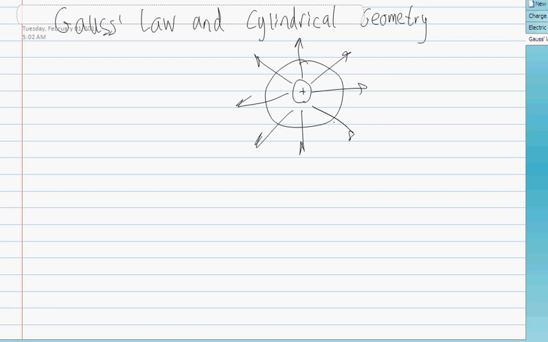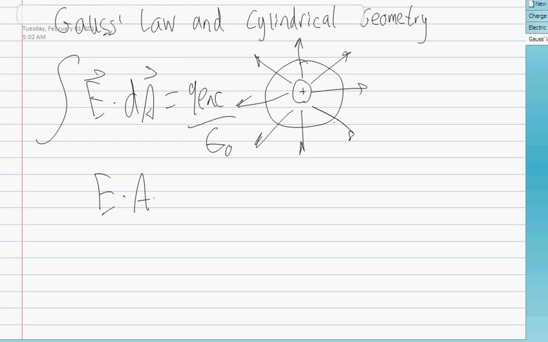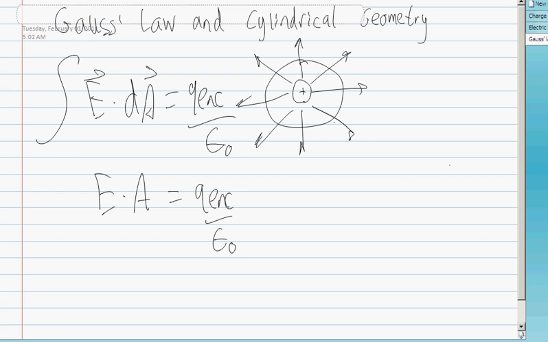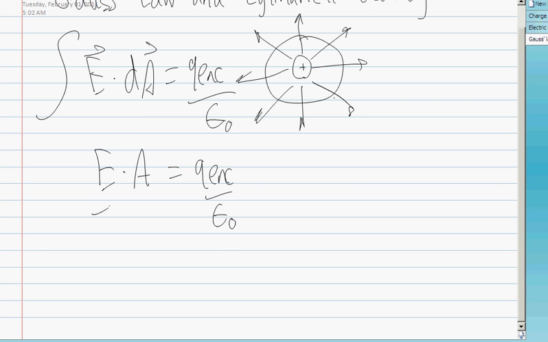We want it to be uniform across the entire sphere so that we can go from the integral of E dot dA equals Q enclosed over epsilon naught to E times A equals Q enclosed over epsilon naught. That's our goal by choosing geometries, and we're just looking for a way to make the field uniform across this area.